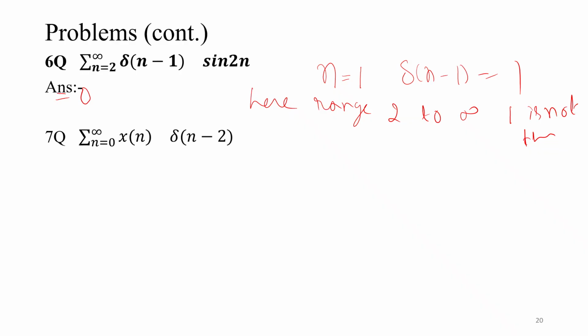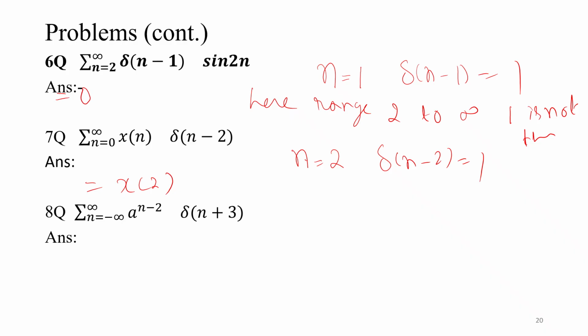Next one is the 7th question, x of n del of n minus 2. When n is equal to 2, del of n minus 2 is equal to 1. So it is equal to x of 2. Okay. So this is the last problem. a to the n minus 2 del of n plus 3.